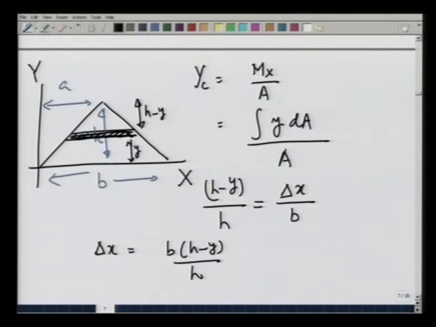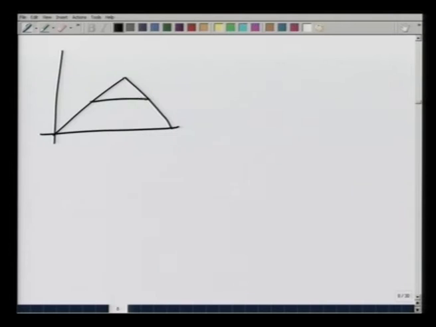This is the length of this strip, and therefore, we can write, let me make the picture again. I am taking this strip, I am not writing b and a this time. We got h minus y divided by h equals delta x divided by b.